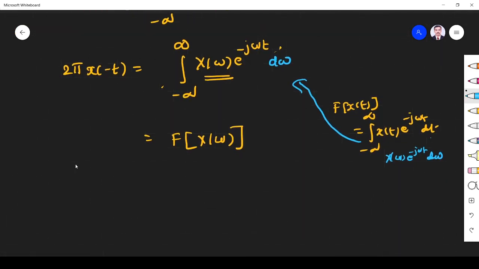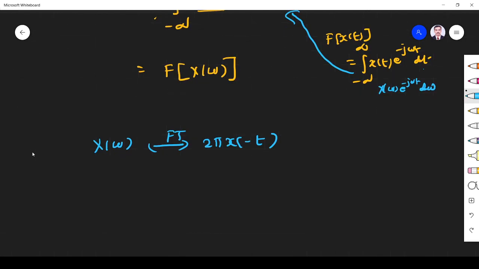So this implies that the Fourier transform of X of omega is 2 pi into x of minus t. Now this is just a variable, so replace t by omega.